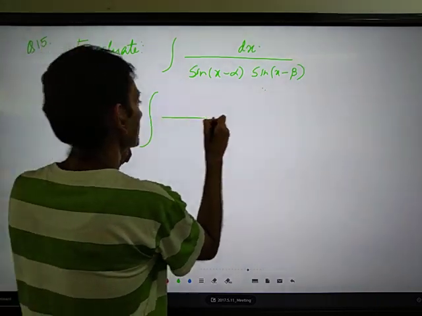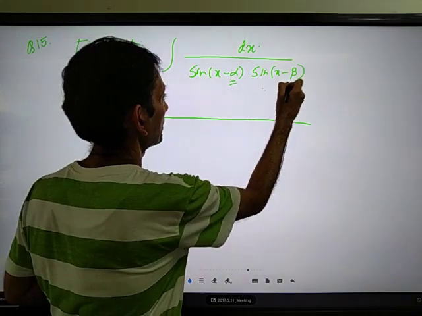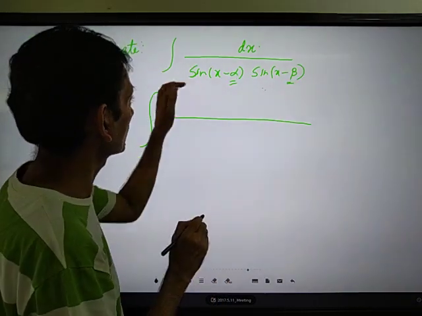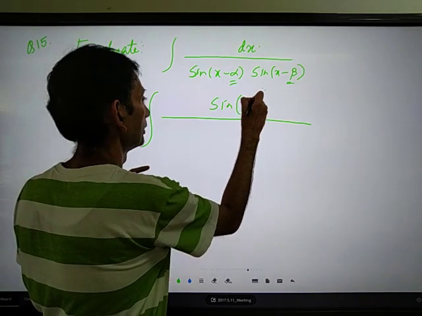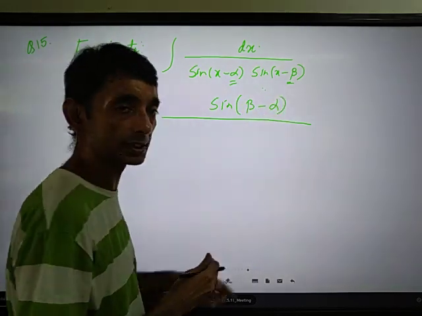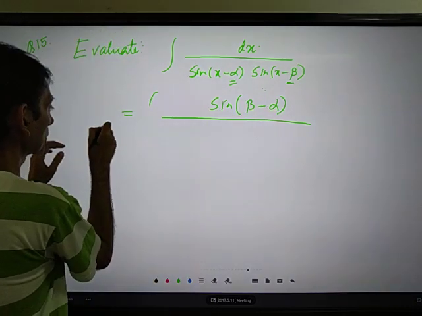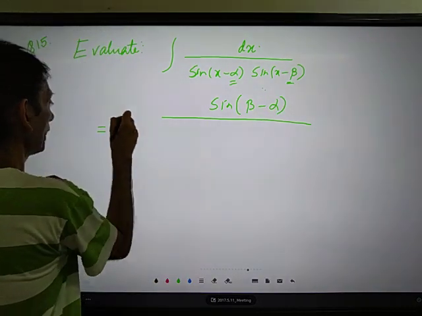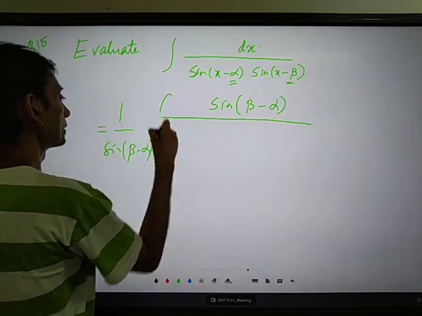The simple trick is, see, this is alpha, this is beta. In the numerator, we introduce the term sin beta minus alpha, and at the same time we divide by sin beta minus alpha, because this is a constant.